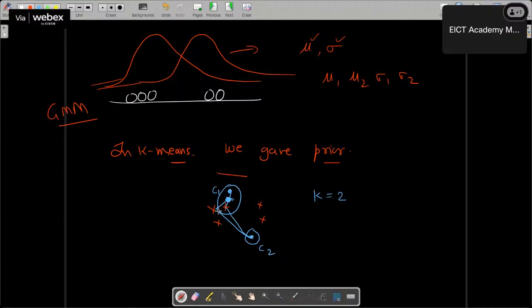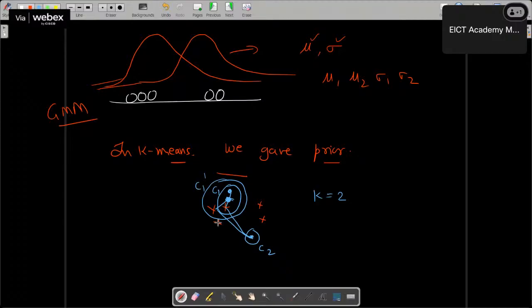Whichever is less, the data point belongs to that cluster. So this is the updated C1 dash. Now again we recalculate the centroid, and check the distance from the data point to the updated centroids C1 double dash and C2.